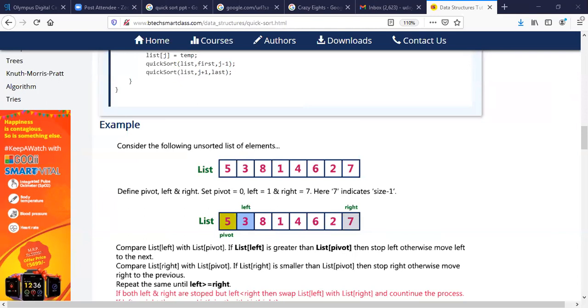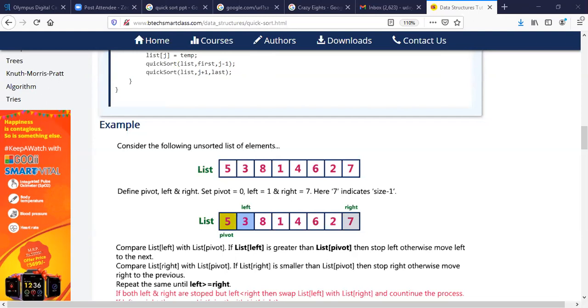First one, implementation of stack using array.